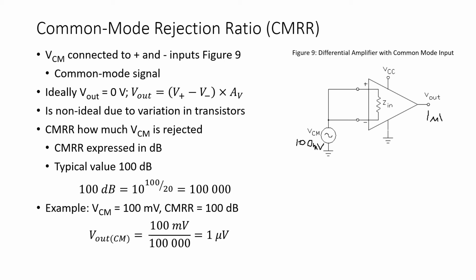Mathematically, this is 100 millivolts divided by 100,000 to give us 1 microvolt. So if I apply a 100 millivolt signal to both of the input terminals, the signal at the output will only be 1 microvolt.